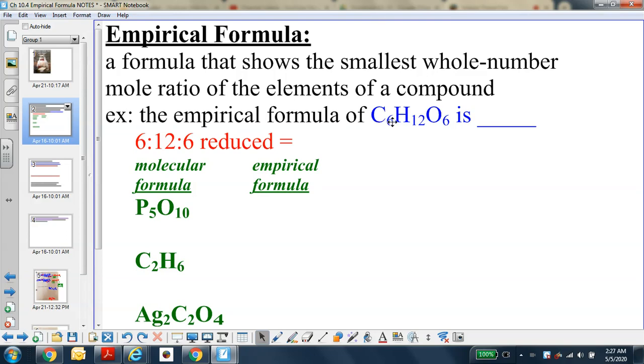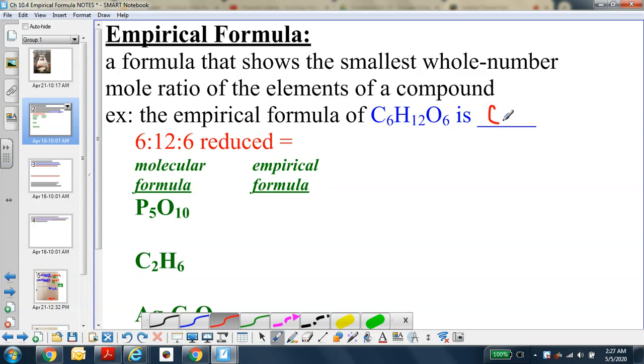So if we have this molecular compound here, C6H12O6, and we would like to write the empirical formula, we look at these subscripts. The 6, the 12, and the 6 are all divisible by 6. So we reduce this down, and it becomes C1, and you don't write the 1, it's understood, H2O.